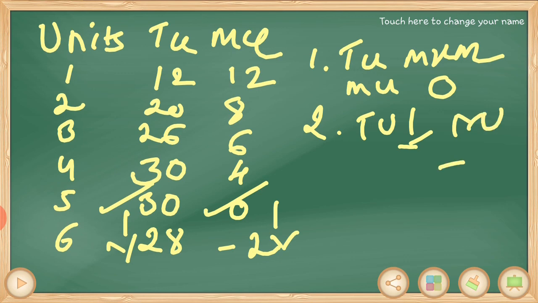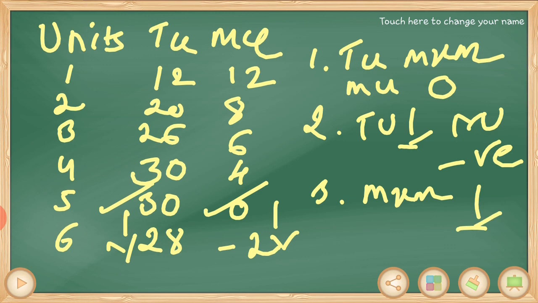Third one, when TU reaches the maximum level, after that it starts falling. So this is the maximum of TU. After that it starts falling. So these are three very interesting relationships between total utility and marginal utility.